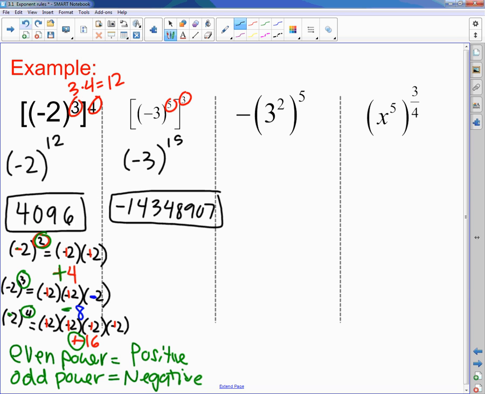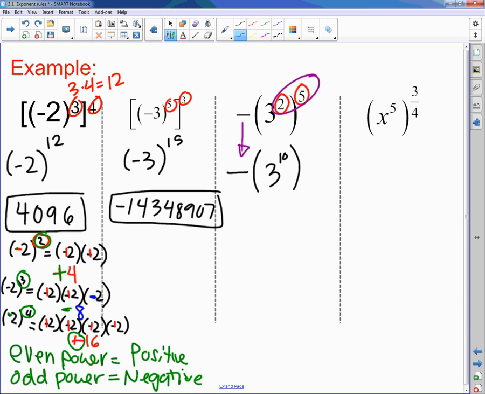Okay, third example, power to power. We multiply. 5 times 2 is 10. So what I have here is a negative on the outside, 3 to the 10th, right? Notice this negative right there is not within the parentheses, which means it's not going to be affected by these two exponents.